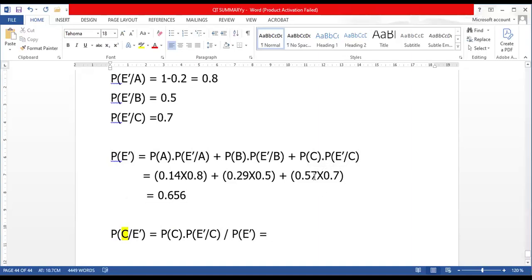You will get this one, then divide by 0.656. What do you get? 0.608. That's what we have.